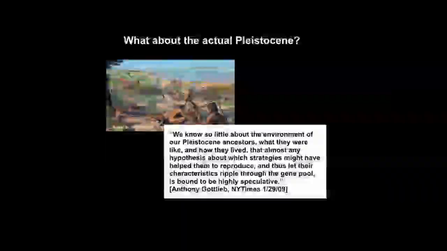I'll give you an example of that. About 10 years ago, a flurry of articles came out, supposedly based on evolutionary research. You love the titles here: Why Women Cannot Read Maps and Men Lose Their Keys.